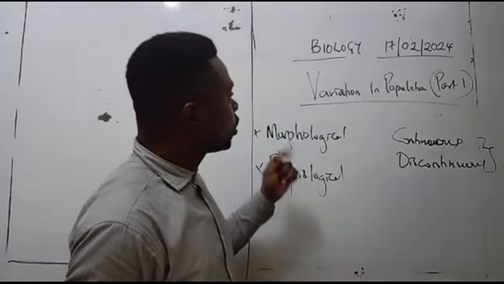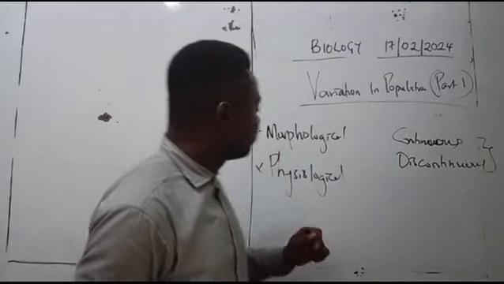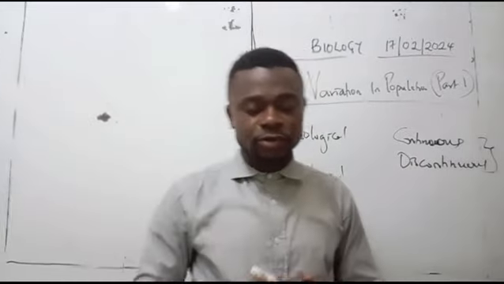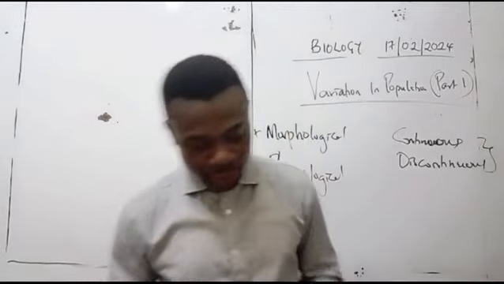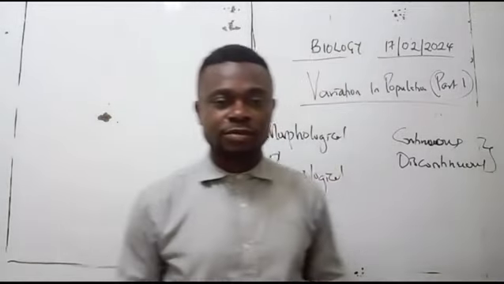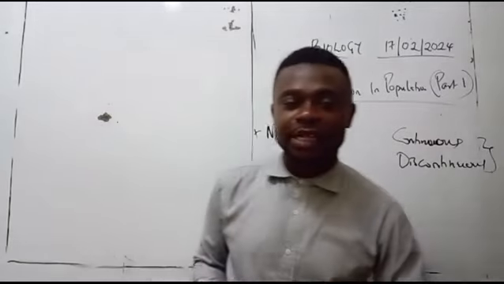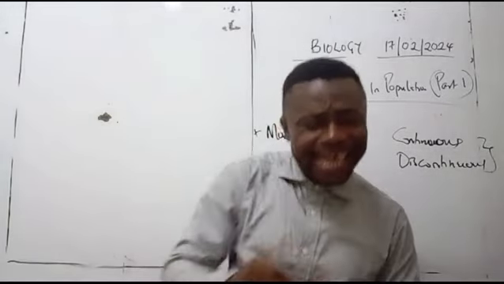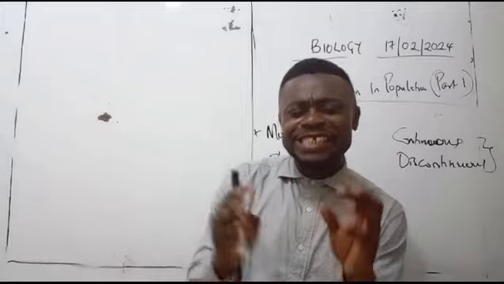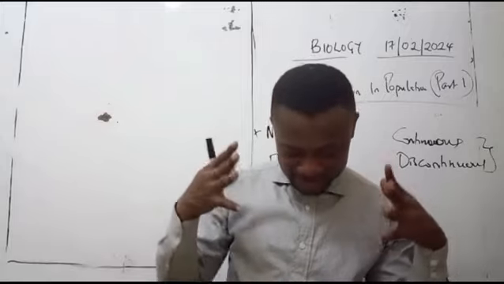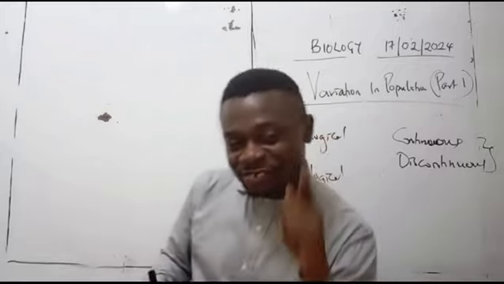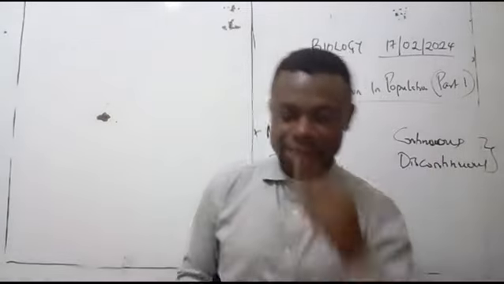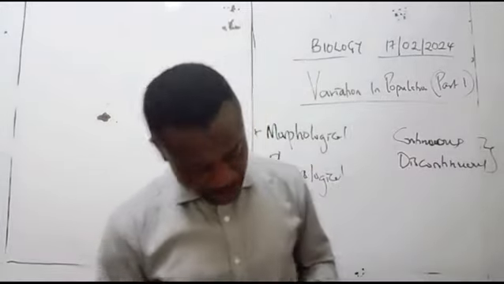We have the morphological variation and the physiological variation. Two main groups are what? Morphological variation and what? Physiological variation. But before we go into that, there's something I want to point out. Since the organisms in the same species should be the same in all ramifications, then what causes this difference, this variation in species? Can be caused by what?